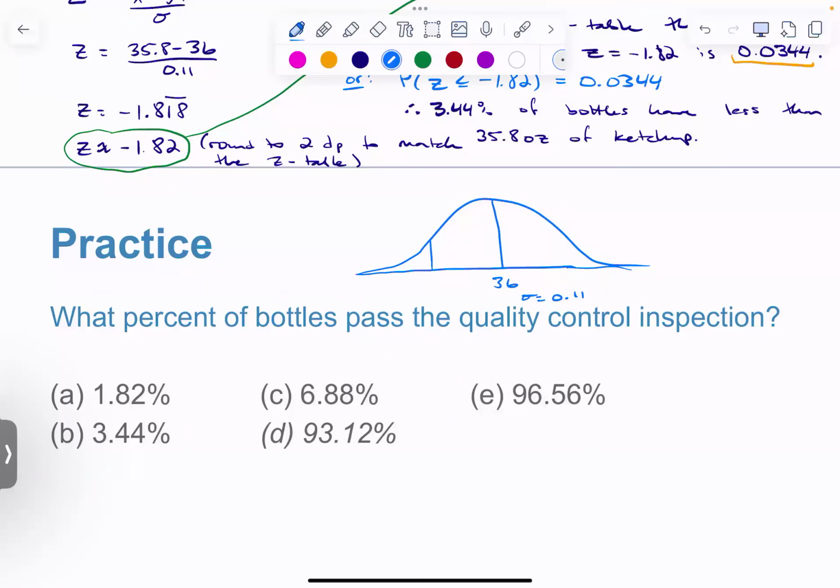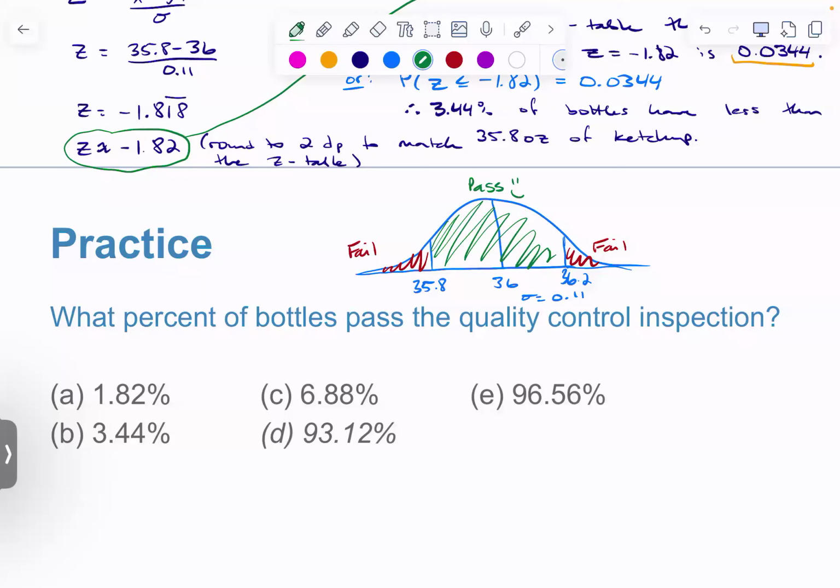So here we have 35.8 and 36.2. Here we fail inspection. Whereas here in this area, we pass inspection. So that's the area that we want.